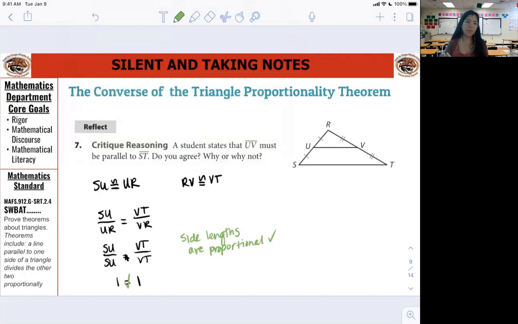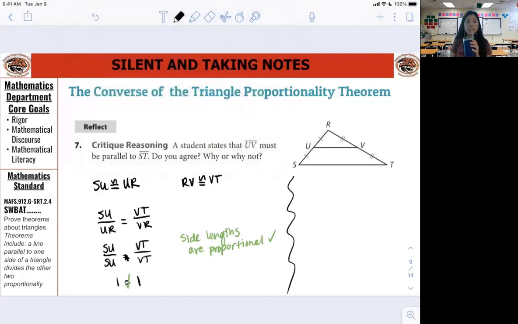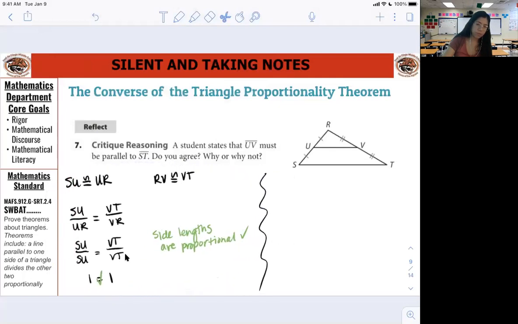Is there another way to prove this though? Because that is one way to prove it, but there is one more. Maybe the angles? Yes. Given what we see in this figure, which angle do we know is congruent? R. We know that R is congruent to itself because it's reflexive.